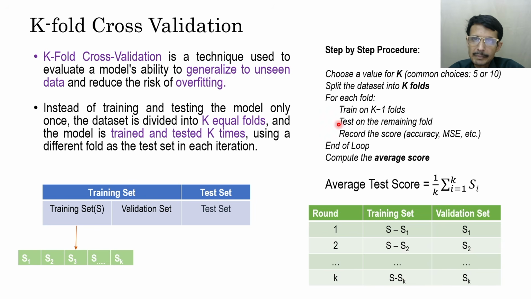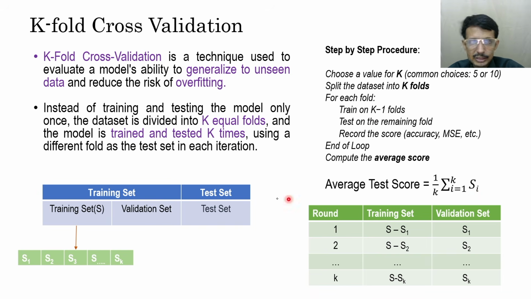Now the step-by-step procedure: choose a value of k, a common choice may be 5 or 10, and split the dataset into k folds as we said. For each fold, train on k minus 1 folds, test on the remaining fold, record the score, and for all these k folds compute the average.